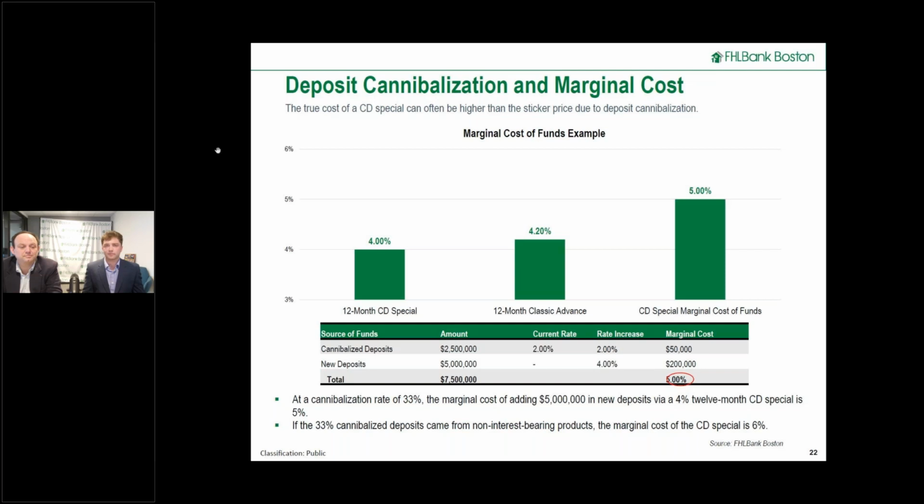And another thing to keep in mind is if those cannibalized deposits came from non-interest bearing deposits as opposed to your 2% average cost funds, the marginal cost of funds on that CD special jumps up to 6%. So what this speaks to is not only how destructive marginal cost of funds is, but how important your non-interest bearing funds are and how important it is to protect them.